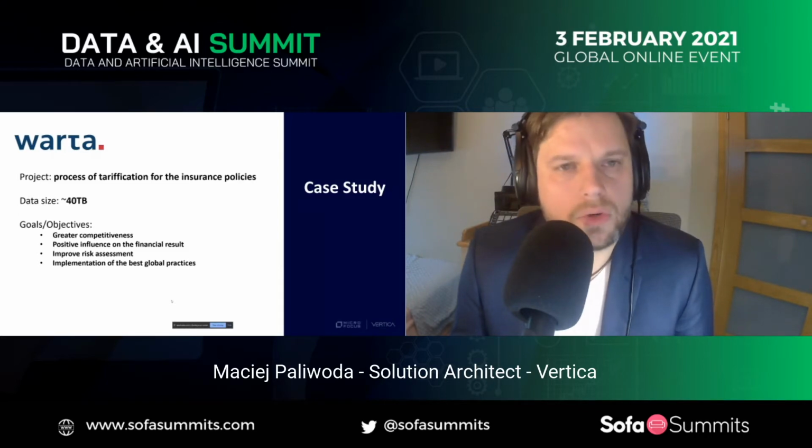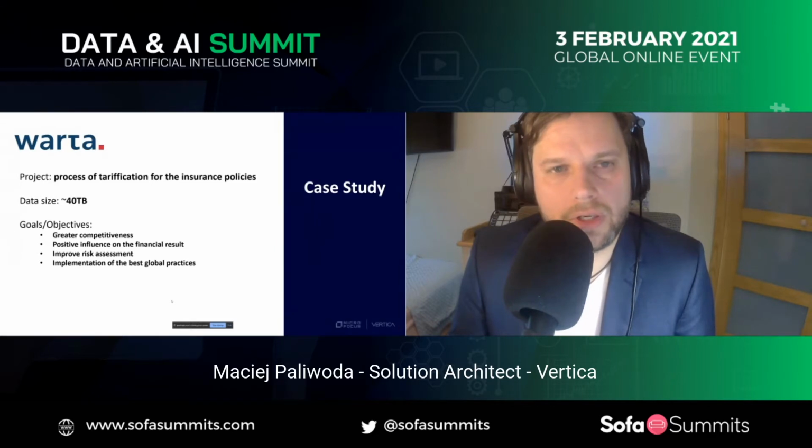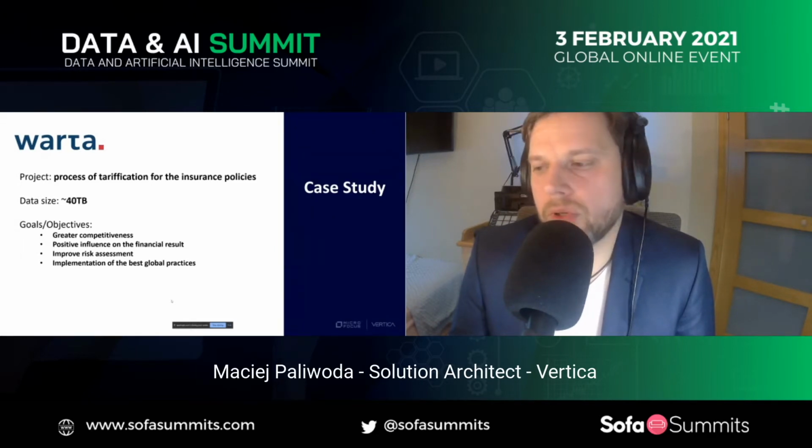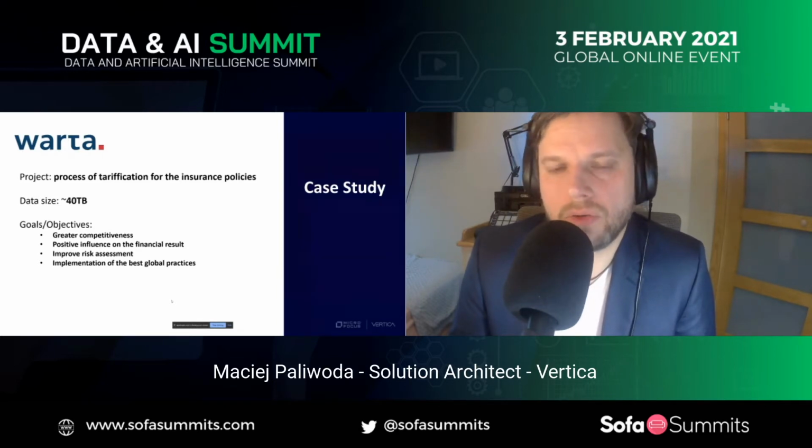Then, of course, they wanted a positive influence on the financial results, and they also wanted to improve the risk assessment by better and more detailed analysis of the application form for the policy.